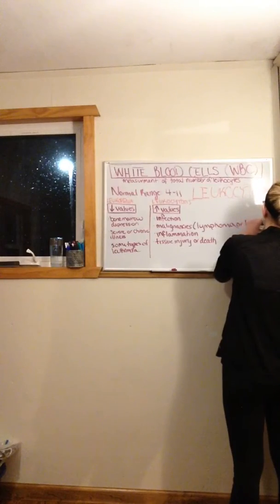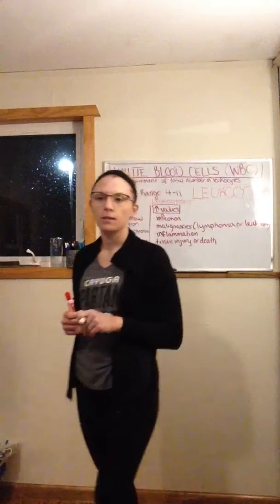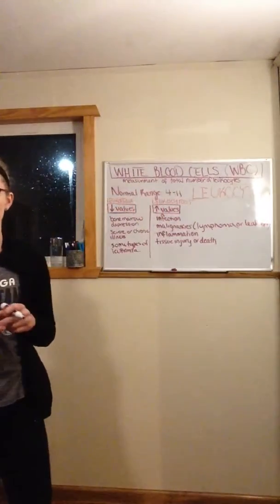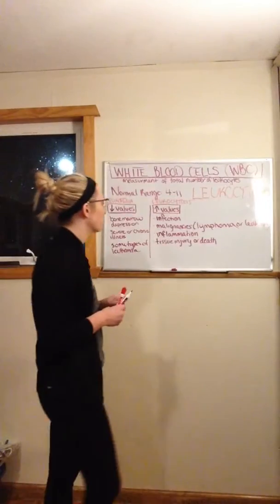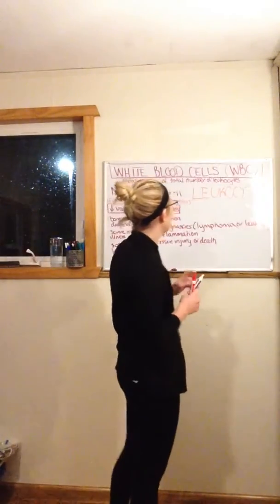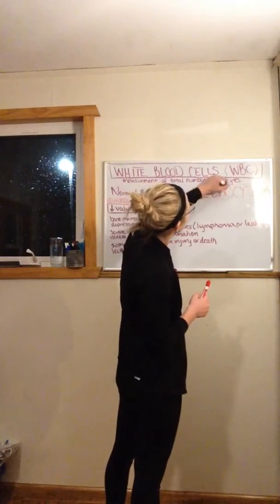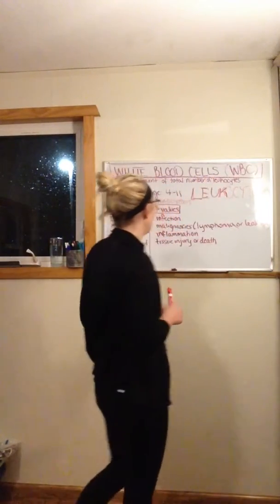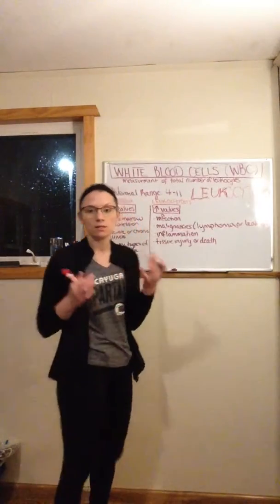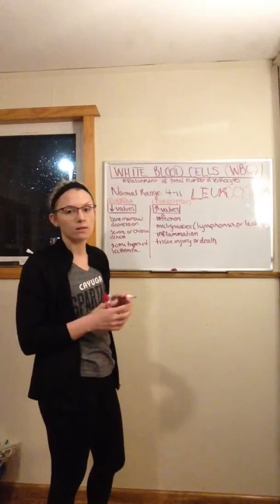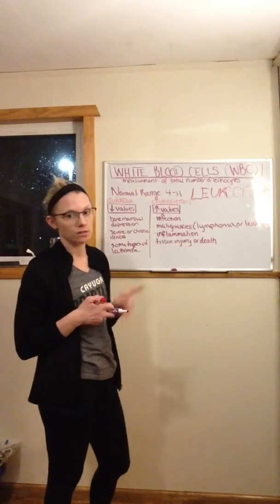So, perfect example of the leuk thing. Leukemia would be related here. Leuk. Okay. So it's a cancer involving white blood cells because it's the start of the word. This is how a lot of medical terminology begins if you're just learning.